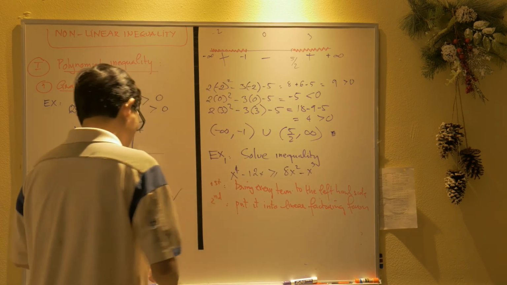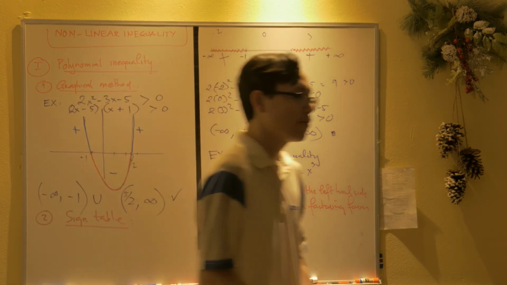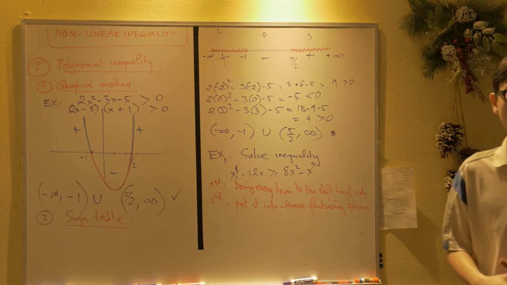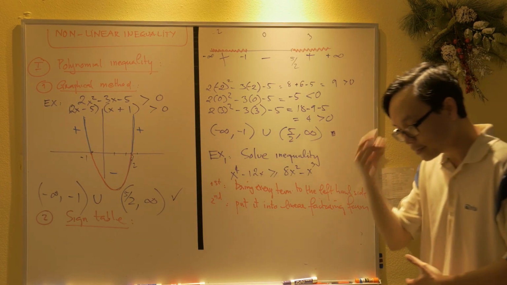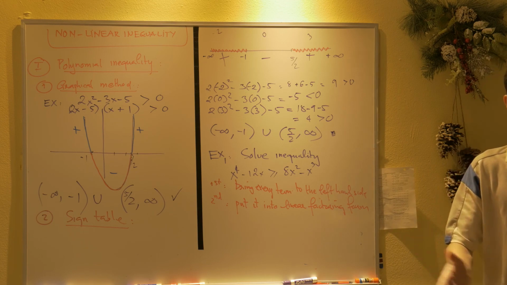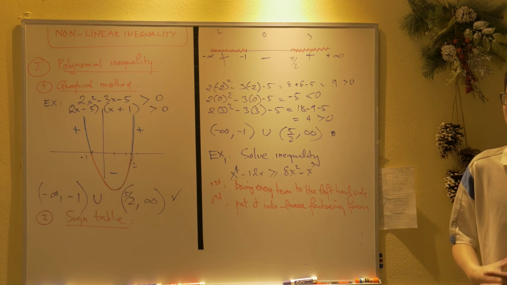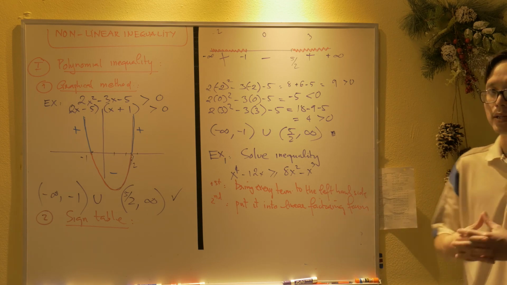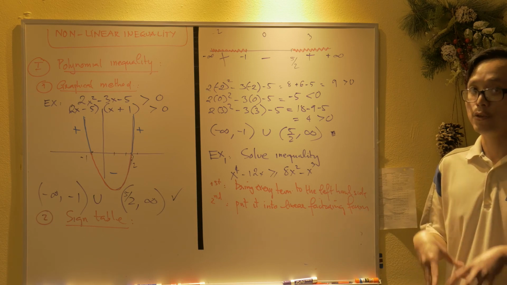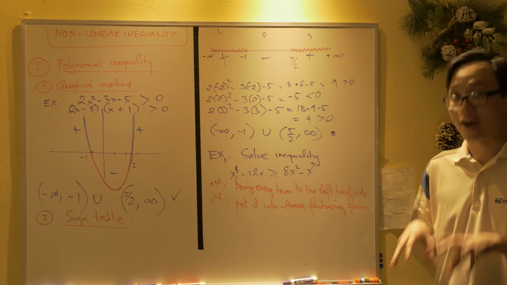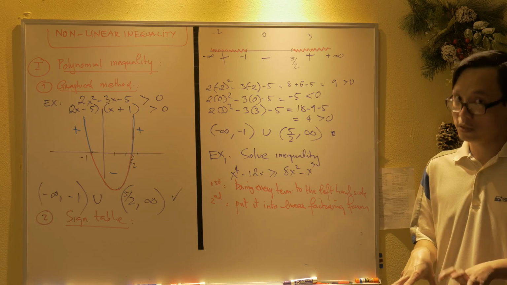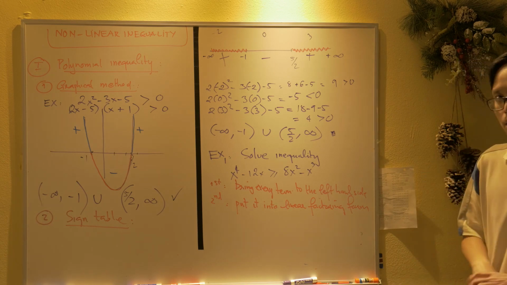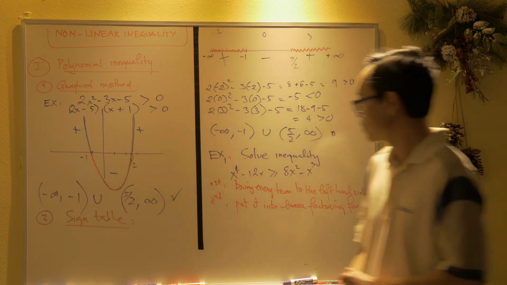If you cannot put it into linear factoring, at least put it into factoring form, because if you cannot, you cannot solve it using the sign table. You can solve it using the graph, using the calculator, but it still takes a lot of time. The sign table is the best method.